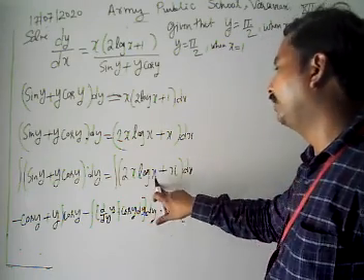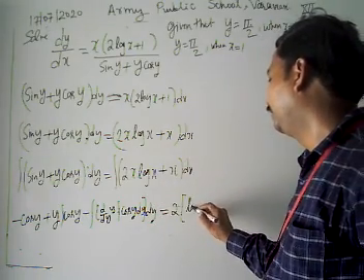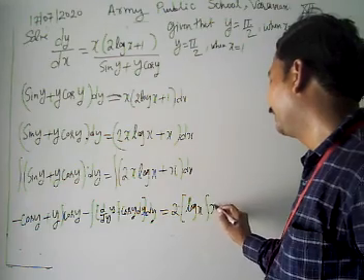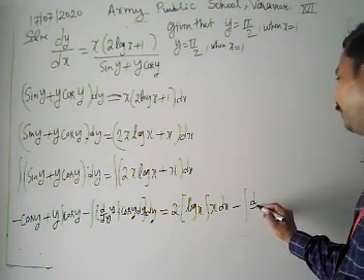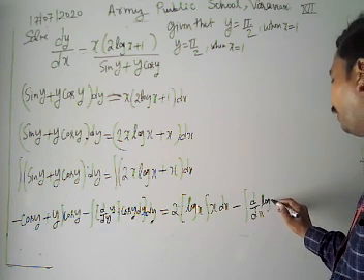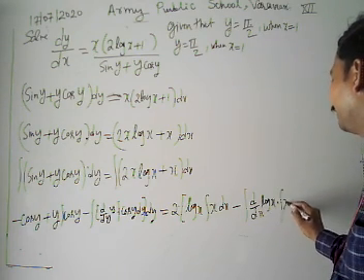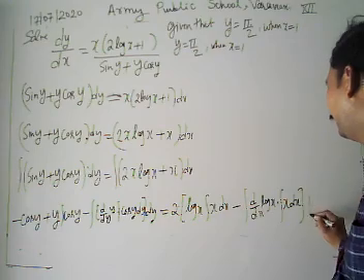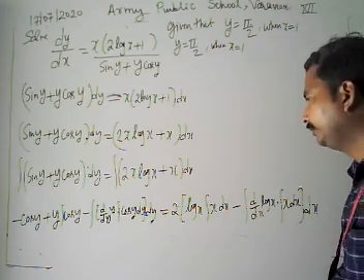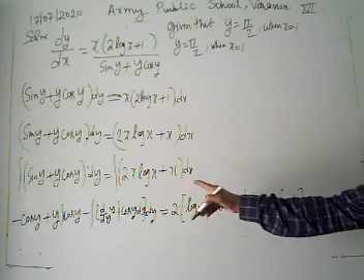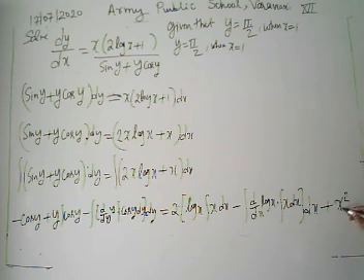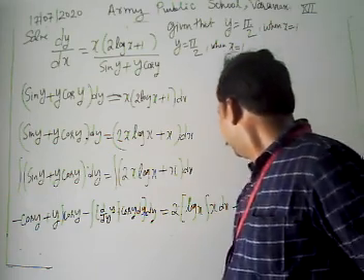We cannot take log x as the second function, so log x into integration of x dx, minus integration of d/dx of log x into integration of x dx, and whole dx. Also we have plus the integration of x, which is x square by 2. Sorry, we missed the terms, and then we take the constant plus c here.